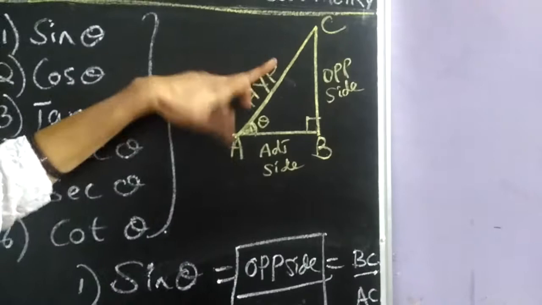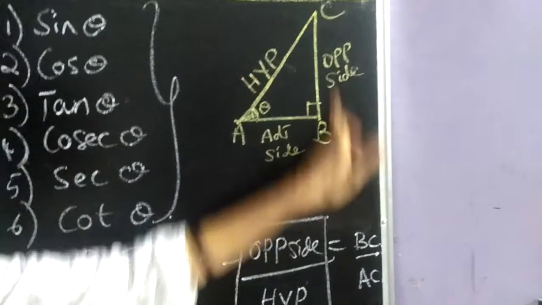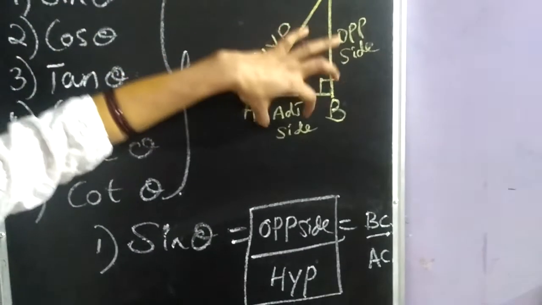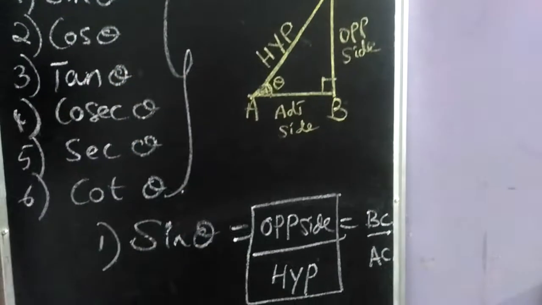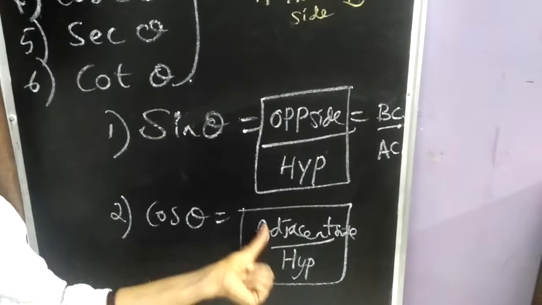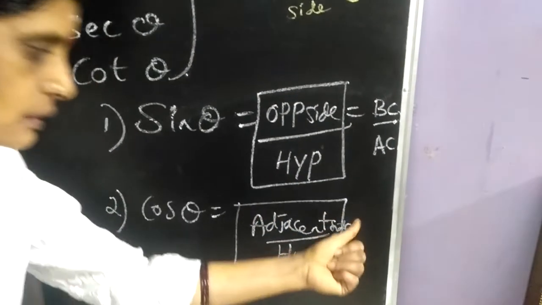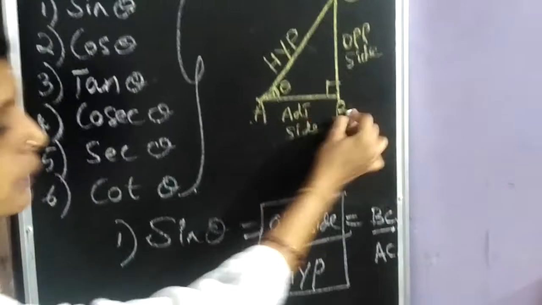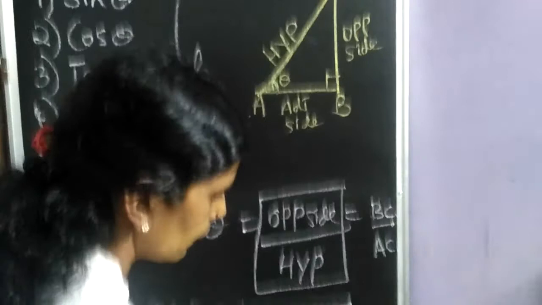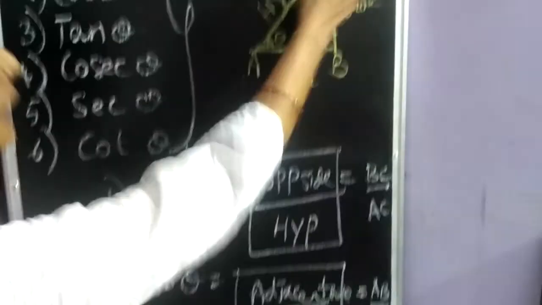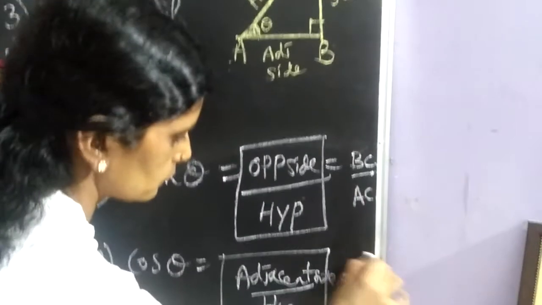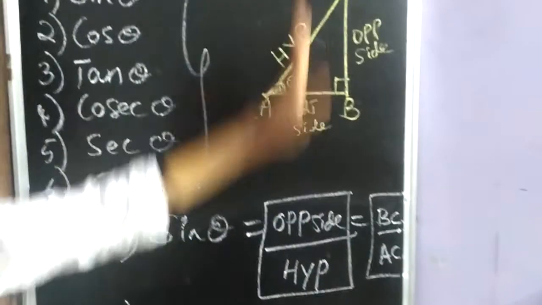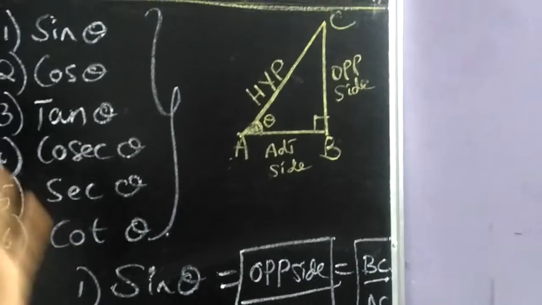BC is opposite to theta, this is the hypotenuse, and this side is called the adjacent side or the base. So cos theta is the ratio between the adjacent side and the hypotenuse. According to our figure, which is the adjacent side, children? AB. Which is the hypotenuse? AC. One thing you keep in your mind: the hypotenuse will never change in one right angled triangle.